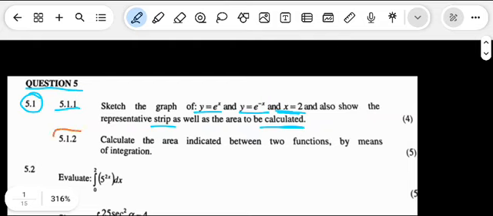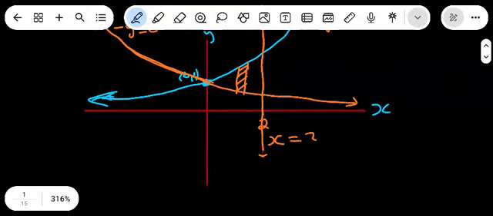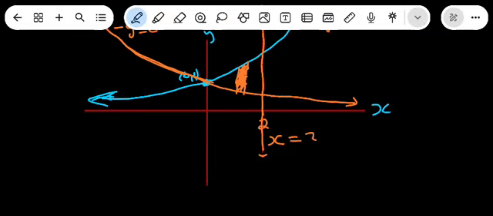So 5.1.2 says now: calculate the area indicated between the two functions by means of integration. So the area, we're talking about this area, we have used the represented strip, so it will be between where you see these two graphs intersect, between this point and there.